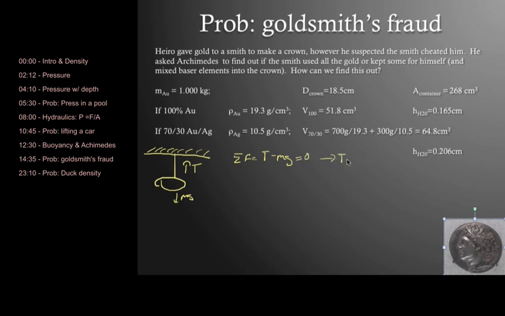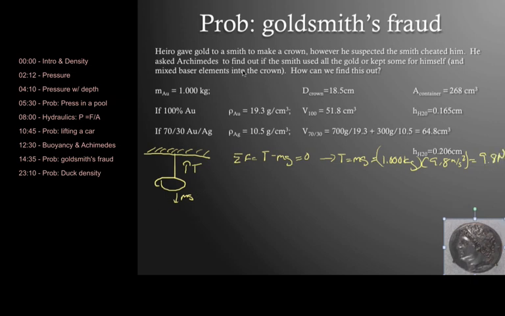So this means that T equals mg. And if the goldsmith didn't cheat him, there should be 1.00 kilograms times 9.8 meters per second squared. So this is 9.8 newtons.